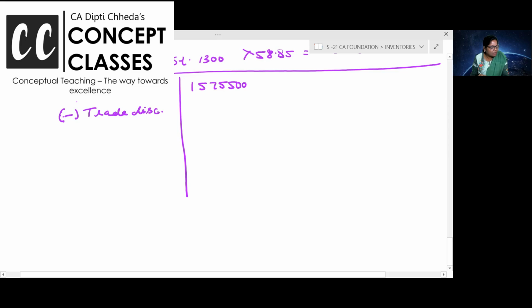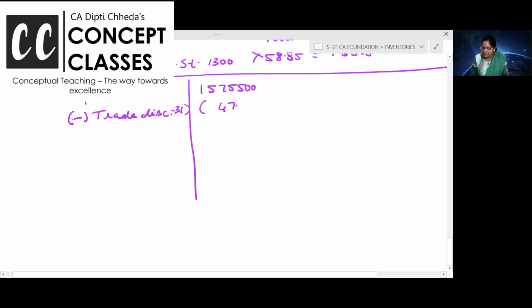Minus trade discount, 3%. 1575,500, 47,625. Balance of purchases, what is the value? 1528,235.